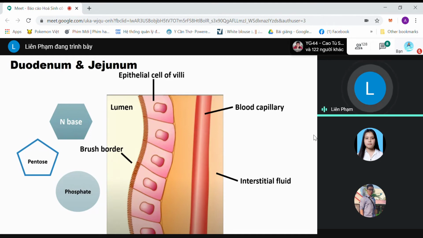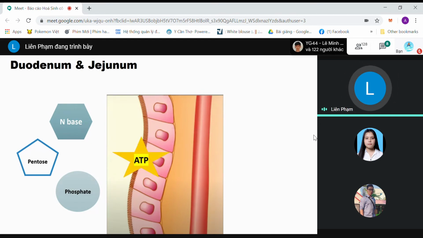Membrane transport proteins will carry the products of nucleotide digestion into epithelial cells from the lumen. Some involve active transport and others involve secondary active transport.